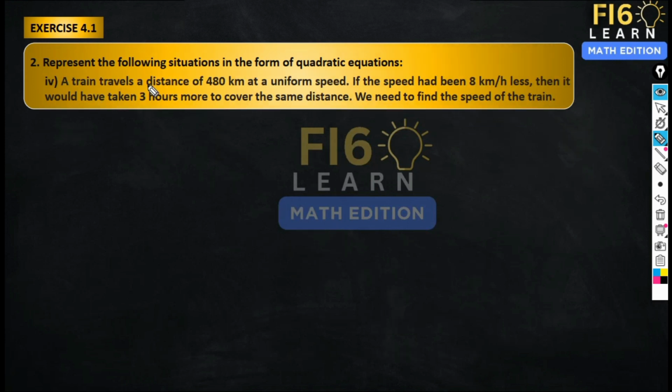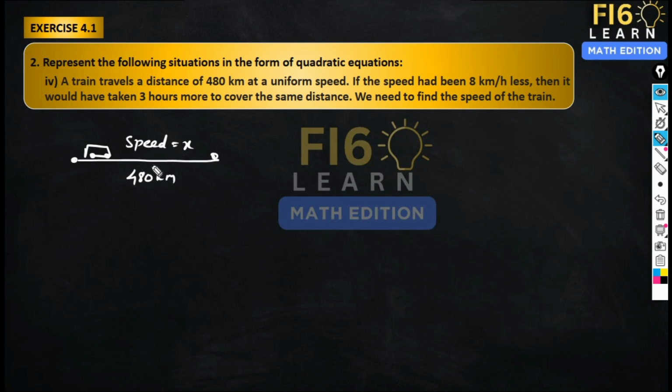A train travels a distance of 480 km at a uniform speed. Imagine you have a track like this and its length is 480 km, and assume this is your train, and it travels with a uniform speed. Here the speed value is not given, so I am assuming that speed as x.